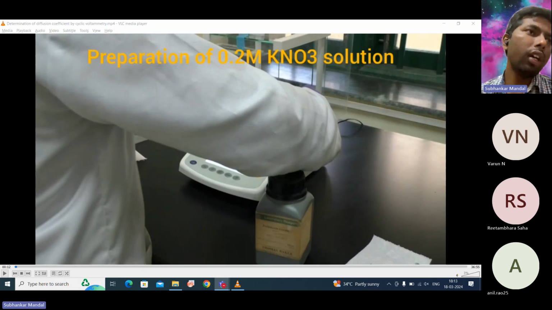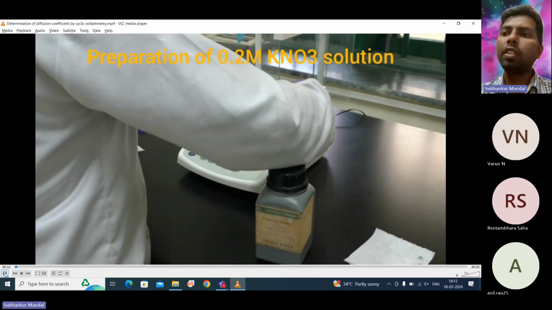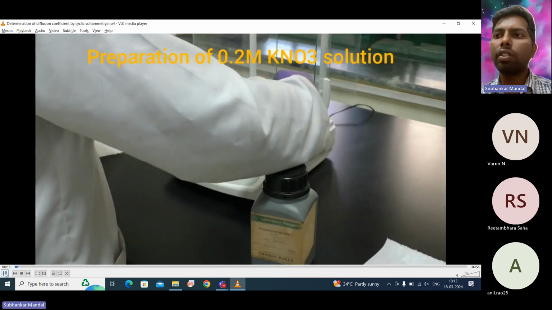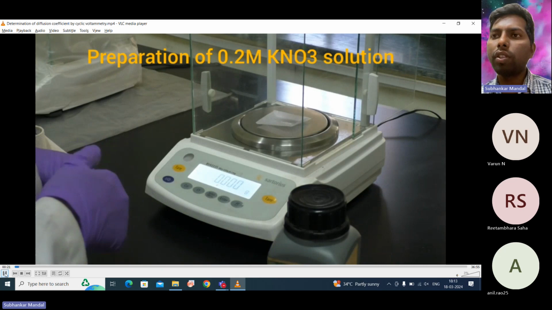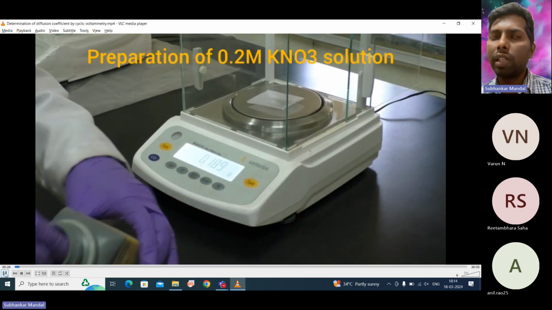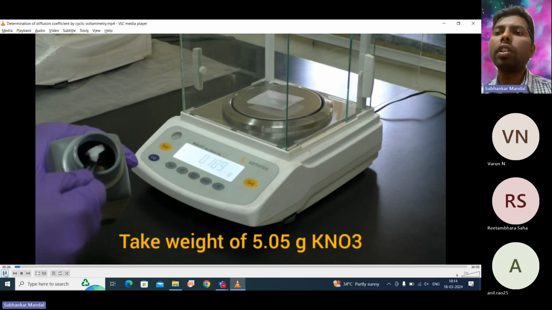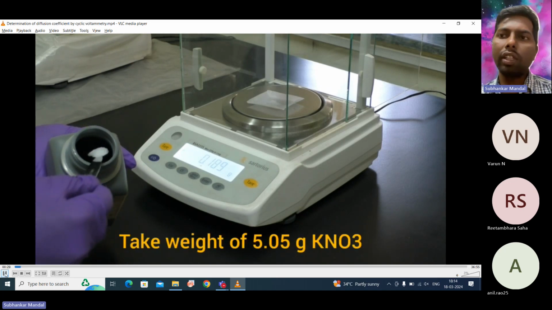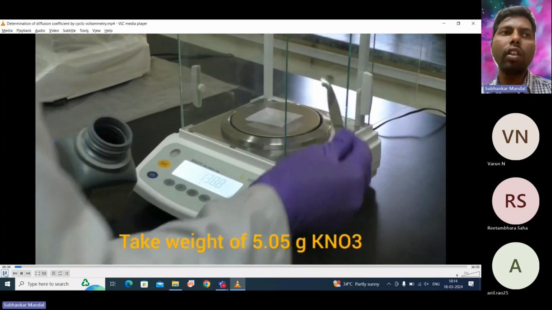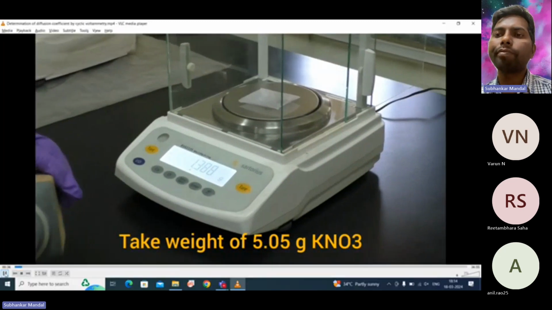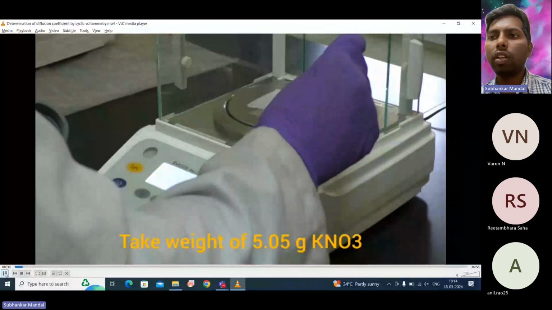Okay, in this video I will show how to prepare the solution step by step. So we can play the video. I hope people can see the things. First is the preparation of 0.2 molar KNO3, which acts as the supporting electrolyte. In aqueous solution, to do the experiment, we need a supporting electrolyte which can minimize the migration current.